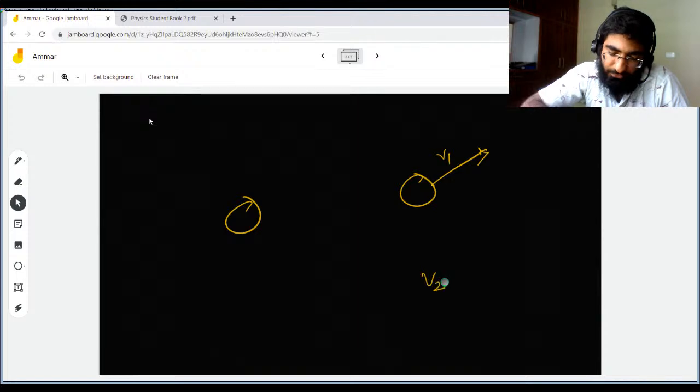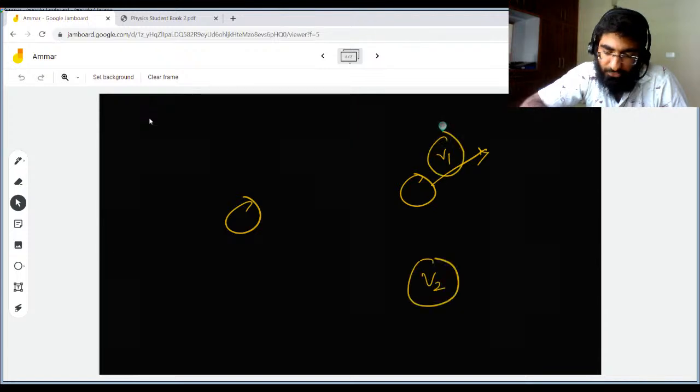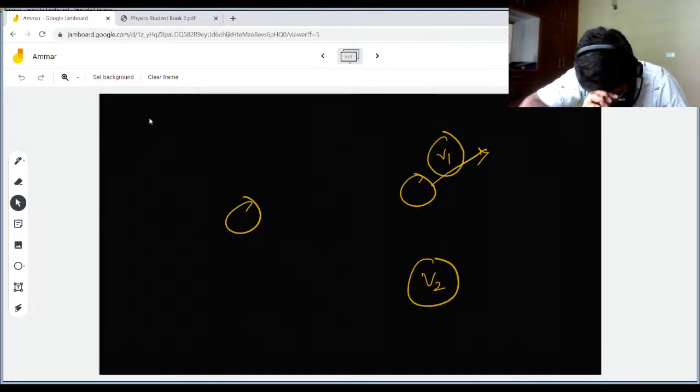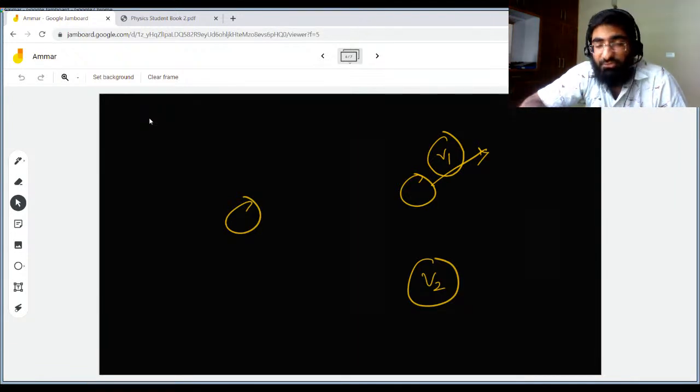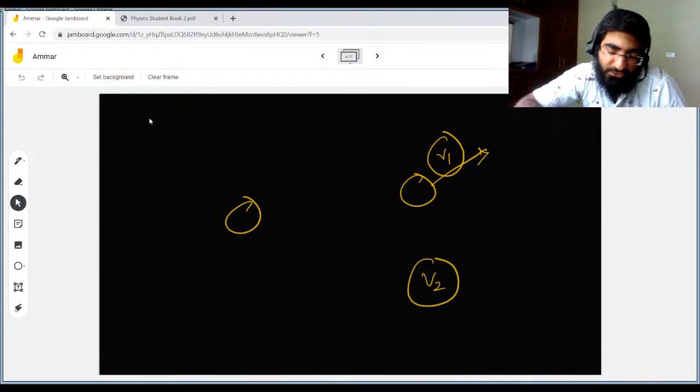In elastic collisions, the kinetic energy is conserved. If kinetic energy is conserved, v1 will come out equal to v2, or v1 sine theta will come out.